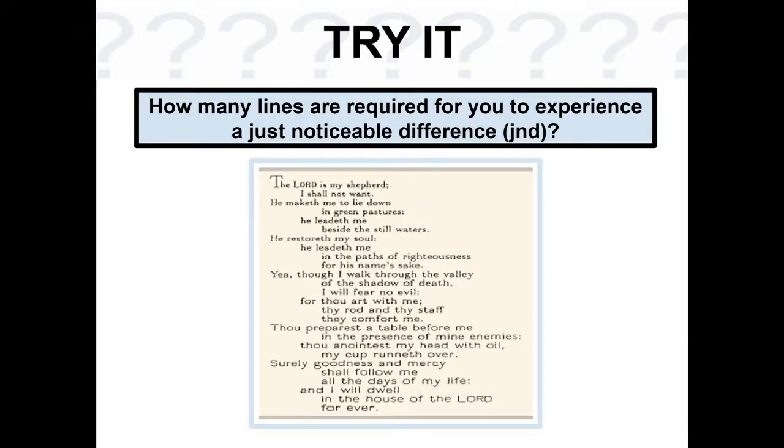If you were to look at the passage of the 23rd Psalm, and you start from the top and read it as you would read any written text, by the time you get to the end of the passage, you wouldn't notice that the font has changed, because it does not increase by the detectable percentage, unless you just start at the top and look at the bottom. It is significantly bigger by the time you get to the bottom, but as you're reading the passage, the percentage of increase in the size of the font does not change enough for it to be detectable.